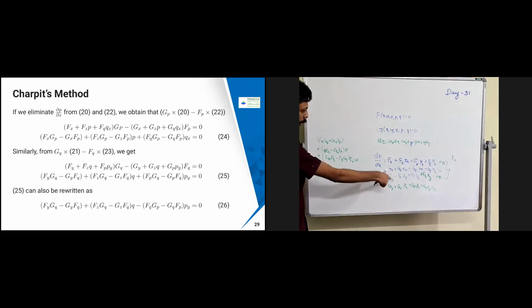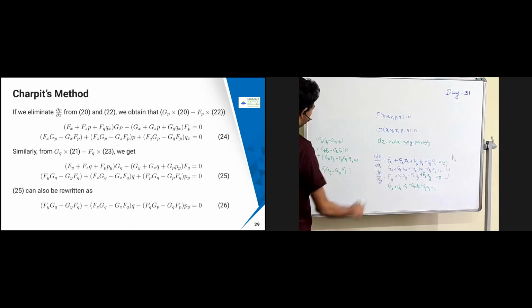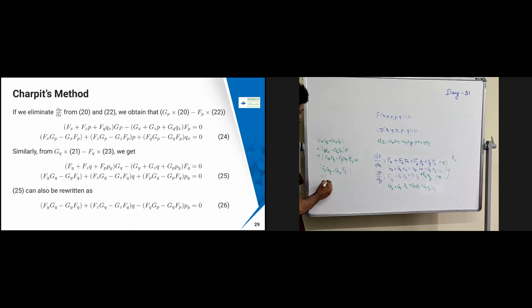I'm just multiplying by fq here, fq and gq, same thing, plus here I'm going to get gq into fz minus gz into fq into q, plus gq fp minus fq gp into py. Just verify that, whether I'm writing correct or not. So that you can verify. Okay, this is f.